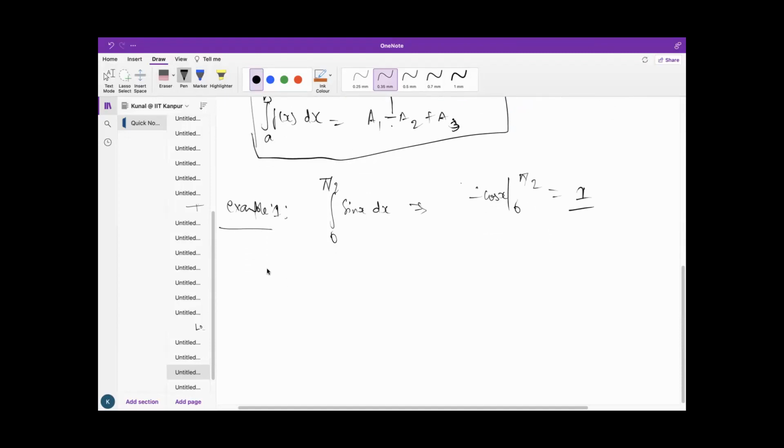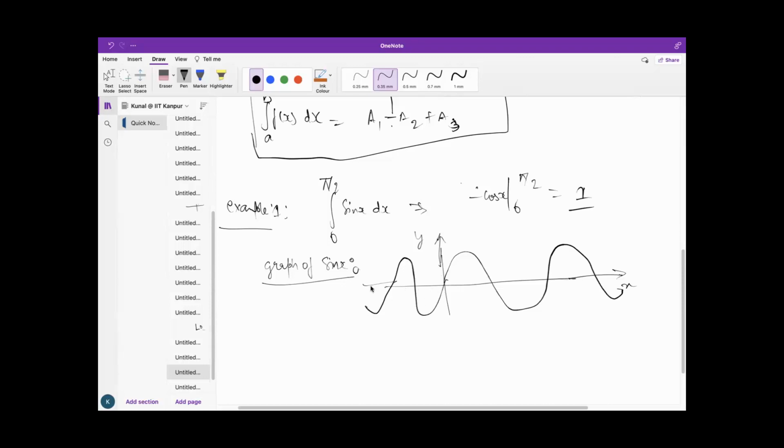First, draw the graph of sin x. If we draw the graph of sin x here, x, y, we know that the graph of sin x will look something like that.